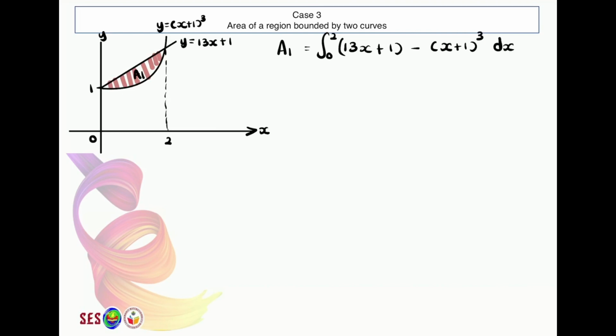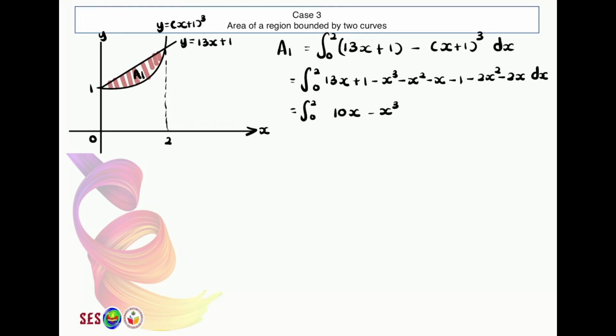And then it becomes, pay a little bit more attention to the minus here. When you open up the bracket, make sure you consider the minus. You simplify further, you'll get, and now you'll be integrating it with respect to x.